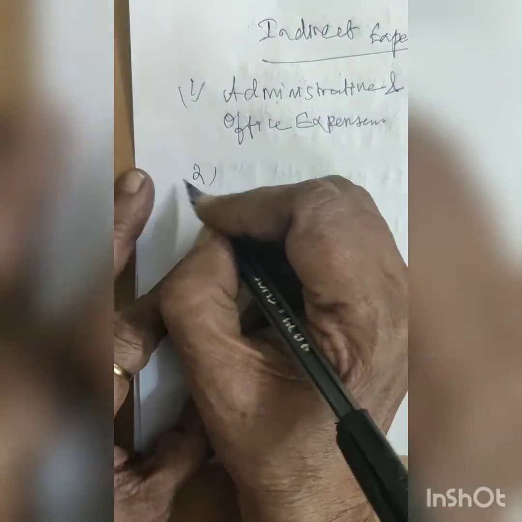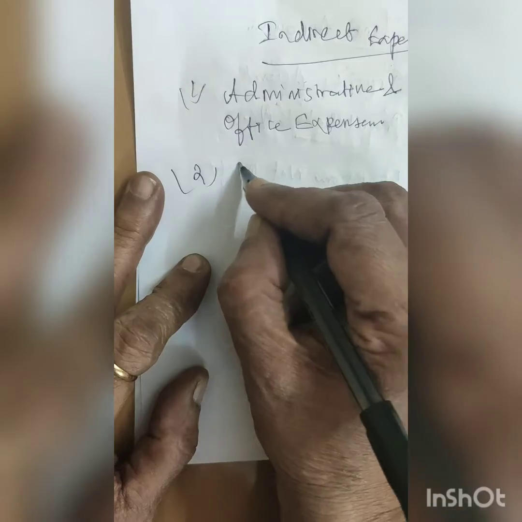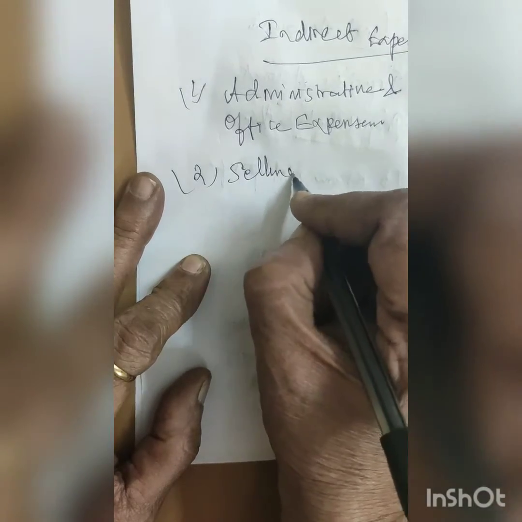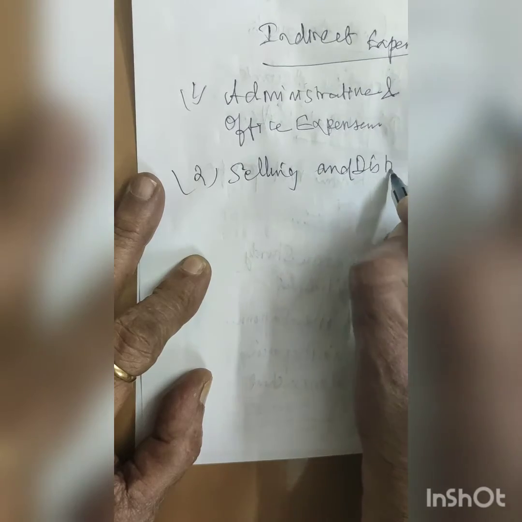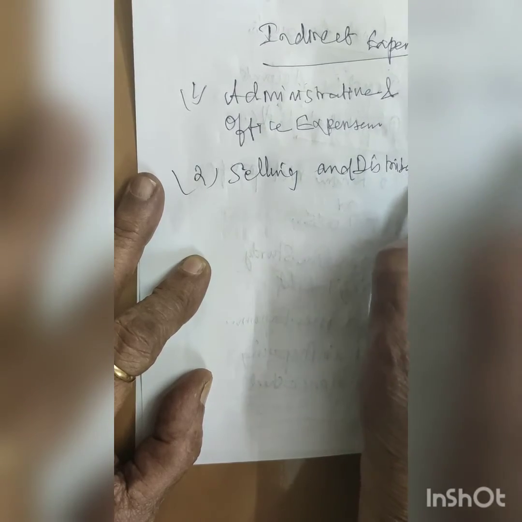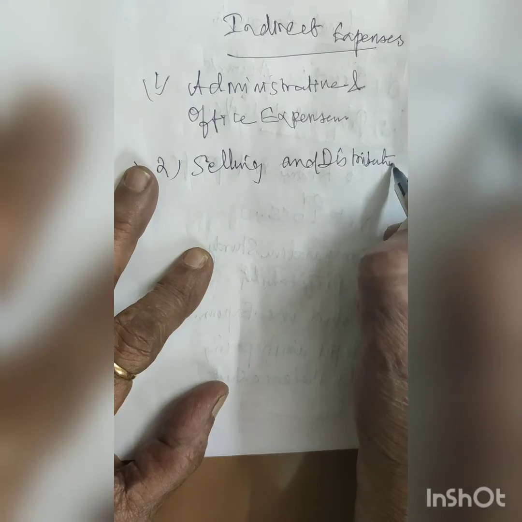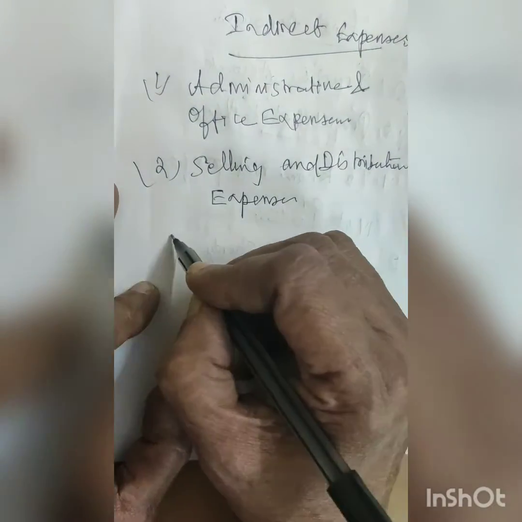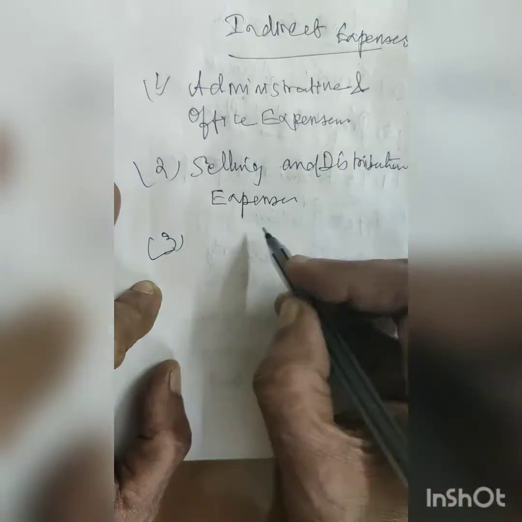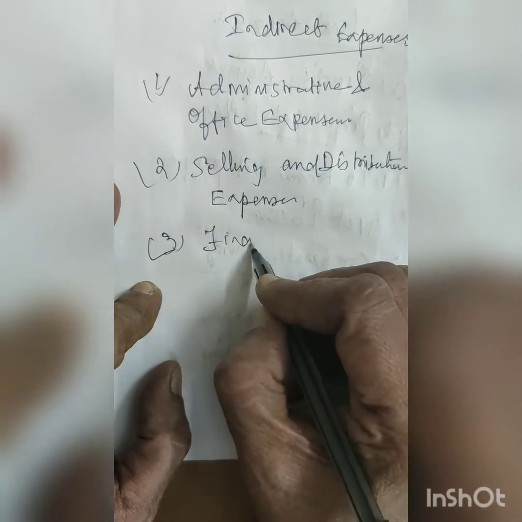Next, selling and distribution expenses. A third one is financial expenses.